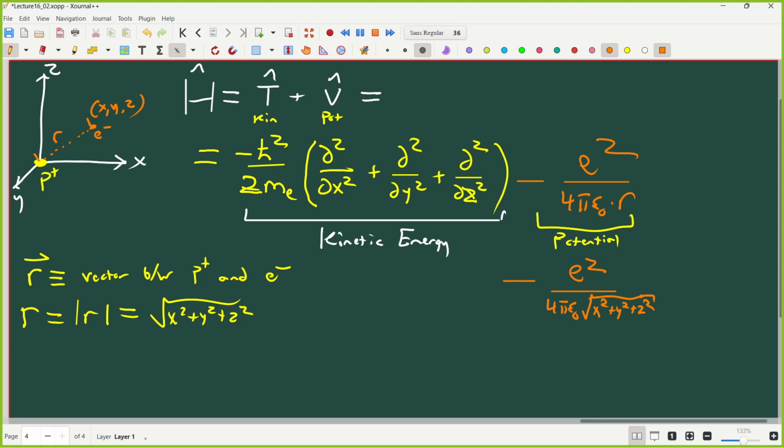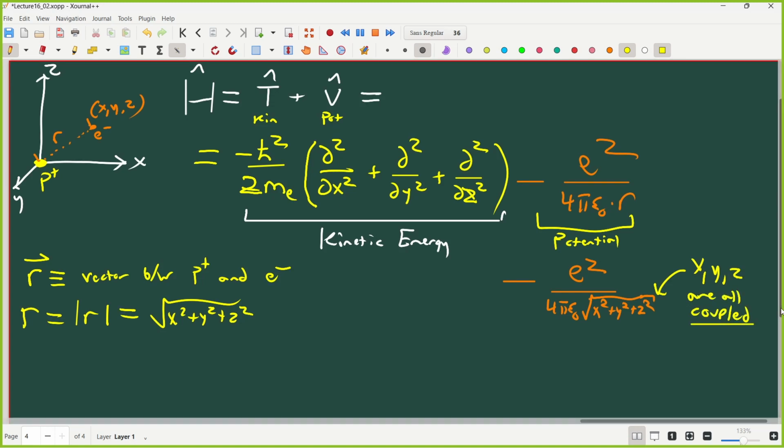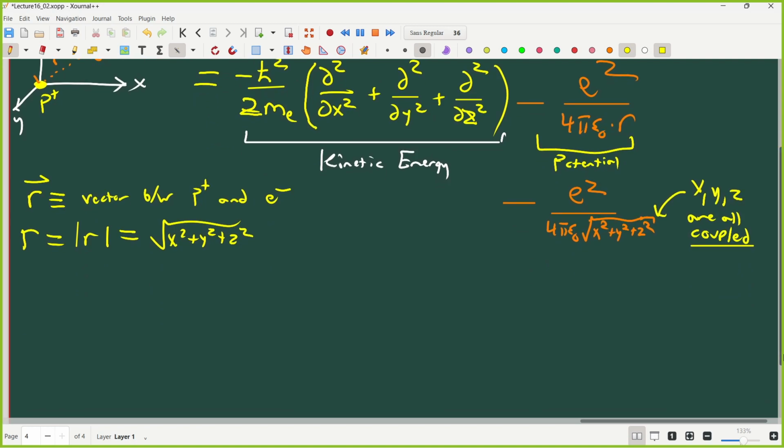So we'll be able to separate the problem into angles and distances. And that's going to save us a lot of trouble and a lot of headache. So let me just make that note here, that x, y, z are all coupled. We want to make our math as easy as possible.